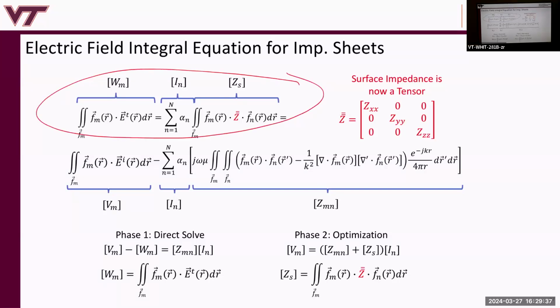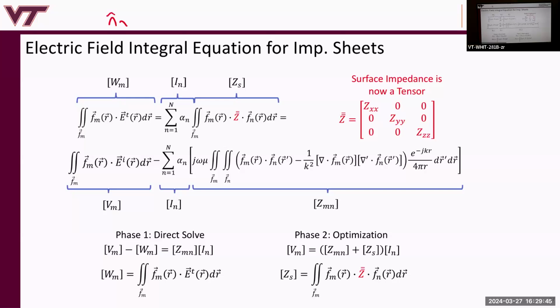How can we add that? What did we say was the boundary condition for the EFIE for PEC scattering objects? We said n hat crossed with E incident plus E scattered was equal to 0, because we were talking about PEC, right?